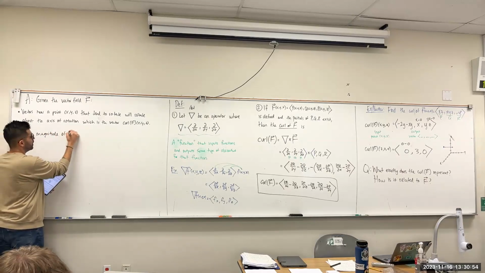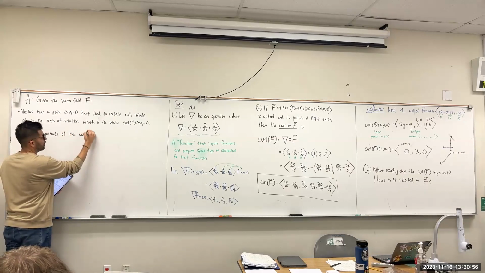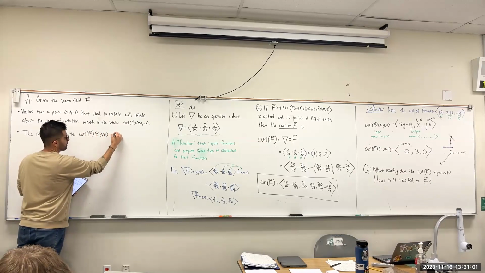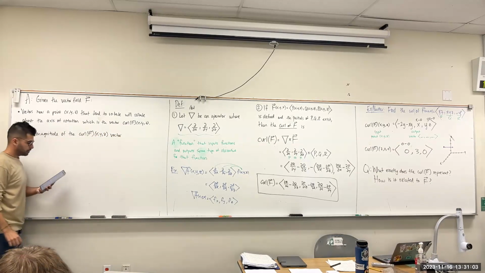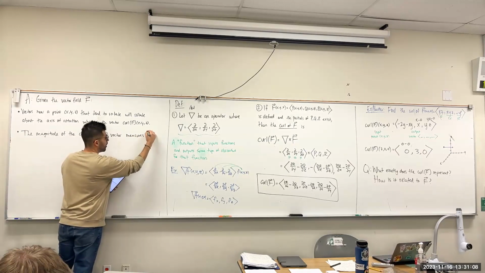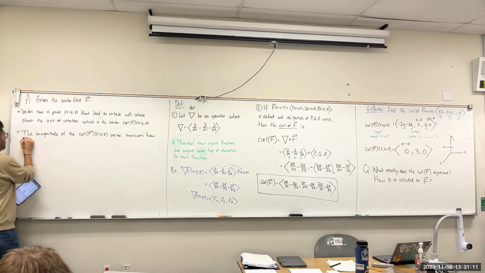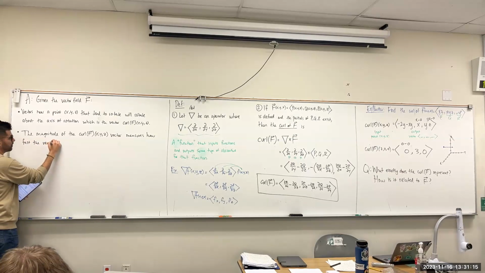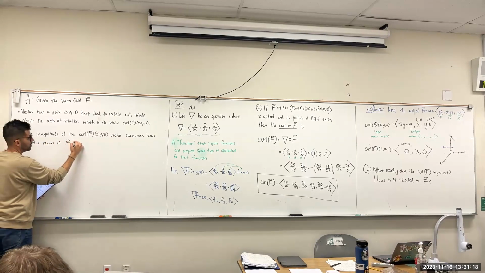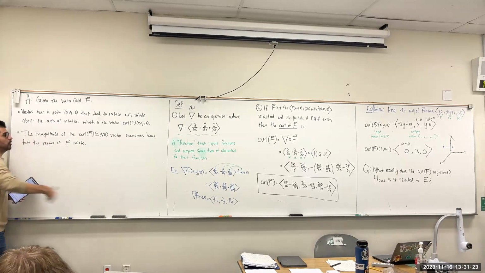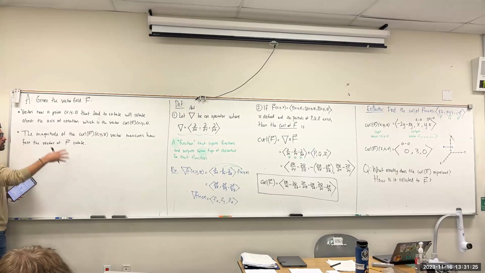The magnitude of the curl vector that you get when you plug in a point measures how fast the vectors of F rotate. How fast they rotate. Is there a lot of rotation happening, or is it a very small amount?